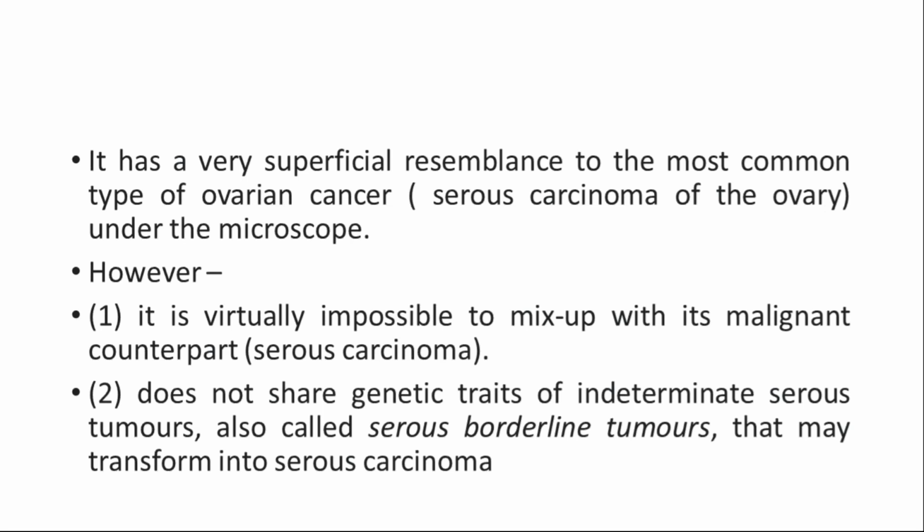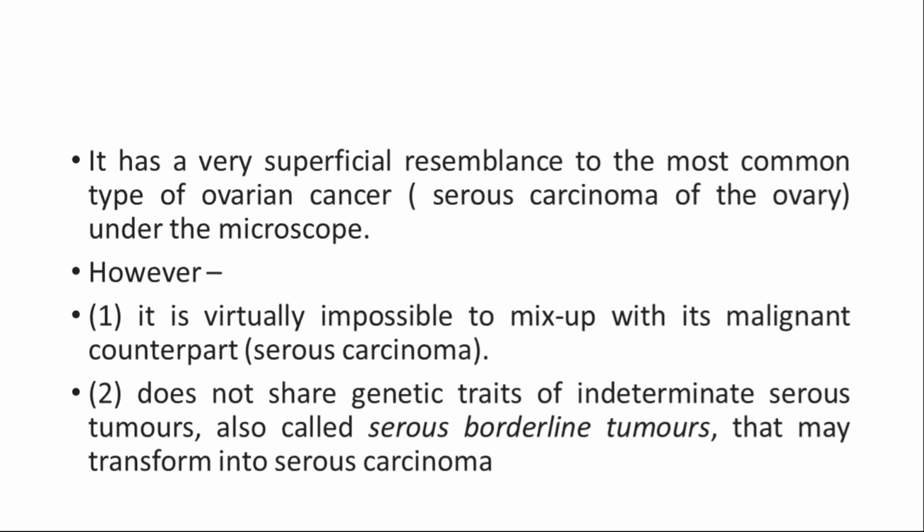So it is virtually impossible to mix up with its malignant counterpart, because it doesn't contain the previously described features, and it does not share genetic traits of indeterminate serous tumors, also called serous borderline tumors, that may transform into serous carcinomas. So that's the reason why we kept it as a separate entity.